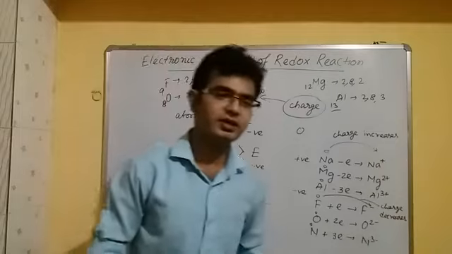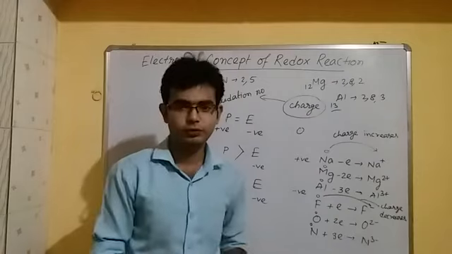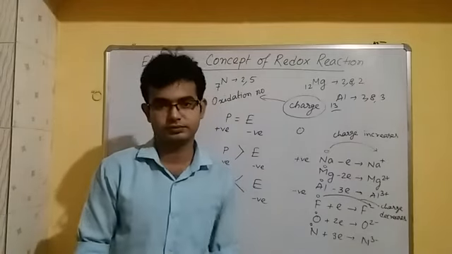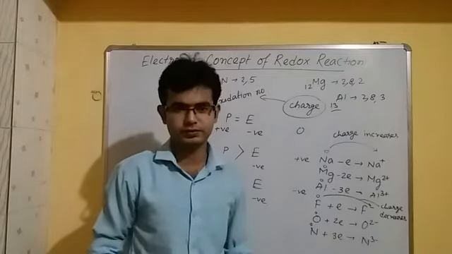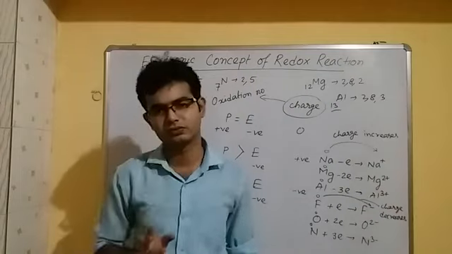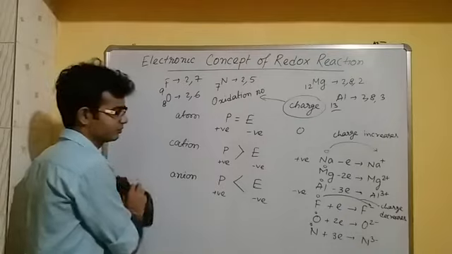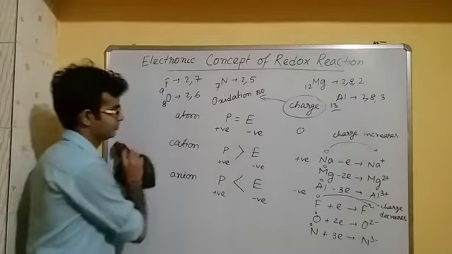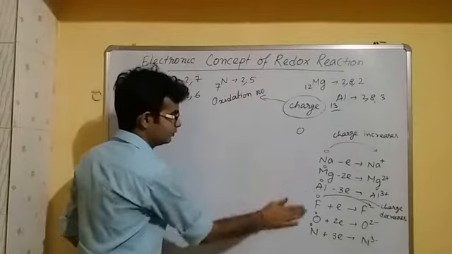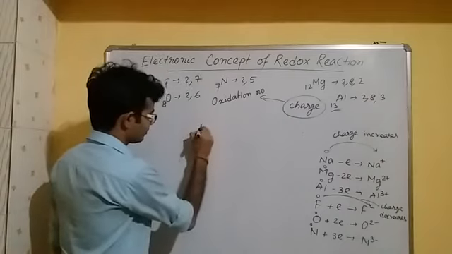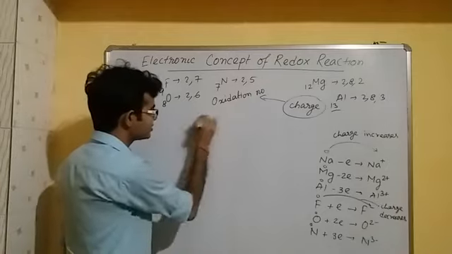Remember, when an atom is alone, or a molecule is alone, not within a compound, then its overall charge, or in the case of a compound, the overall charge, is 0. So what does it mean? For hydrogen, when it is H2, its charge is 0.